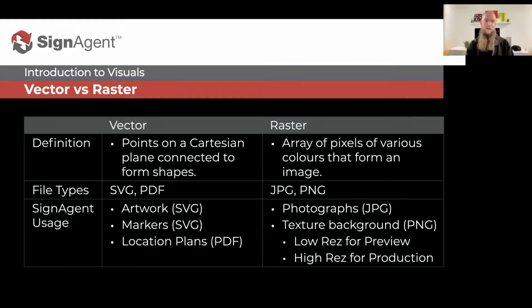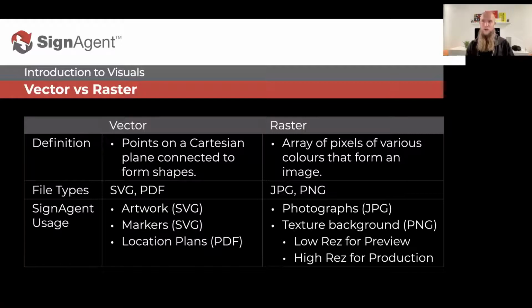So the file types that we use in SignAgent are SVGs and PDFs for the vector, and then raster are JPEG and PNG. And we use artwork. Artwork uses SVGs. So we're drawing the signs in Illustrator and exporting as SVG and uploading that into SignAgent.